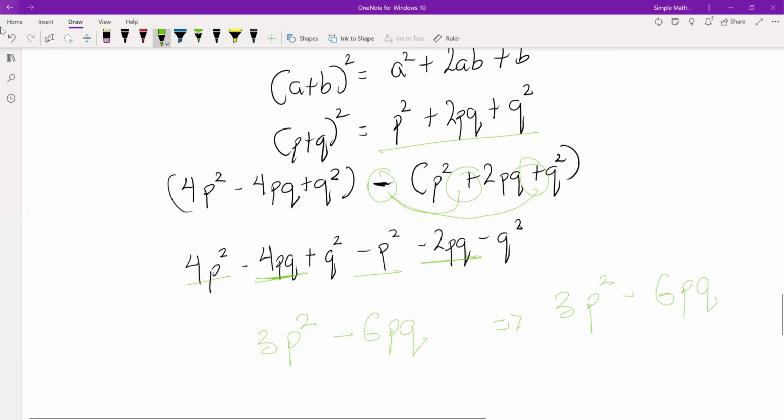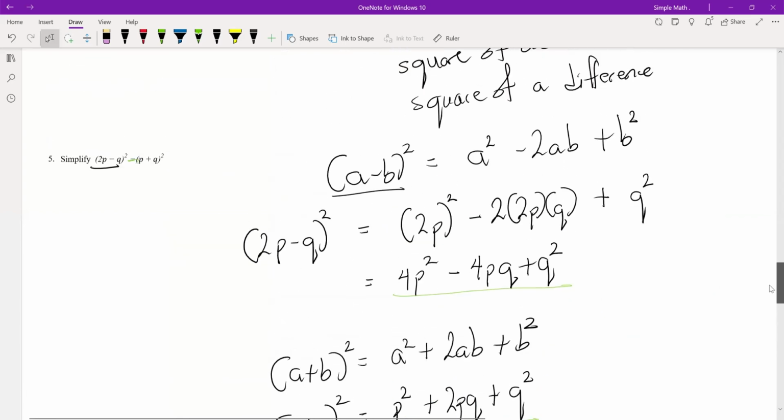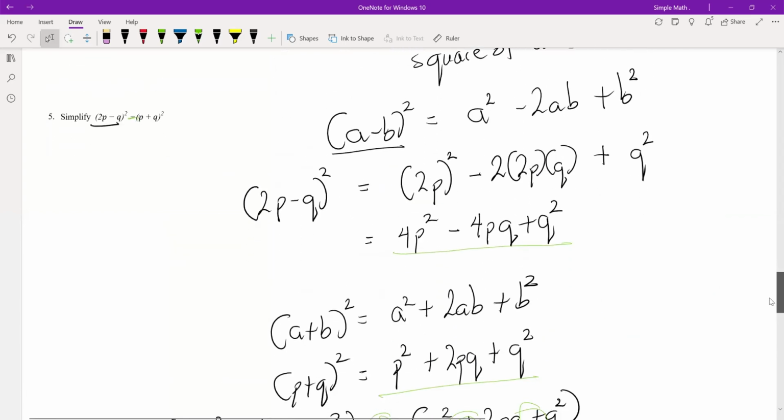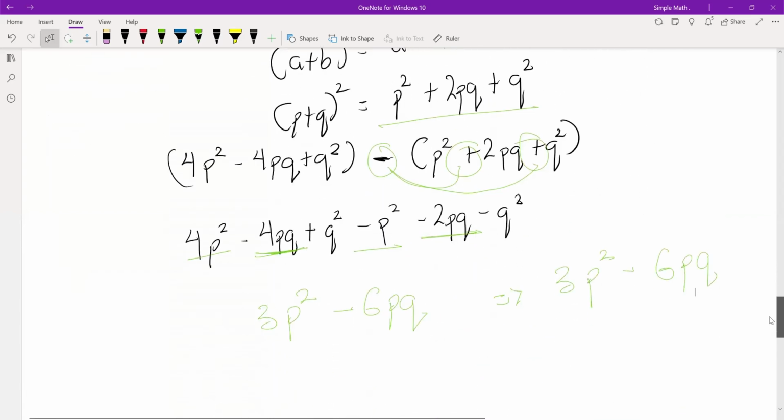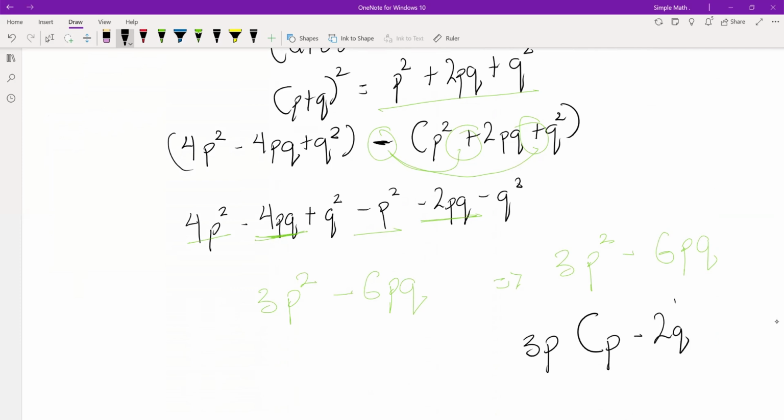Should we factorize? I highly doubt it. You can factorize this if you want, but what is the need? It says simplify, so this is fine. Or if you have to factorize, since I didn't put the options there, depending on how the options are, you can decide to factorize 3p here. Now this becomes 3p times p minus 2q.